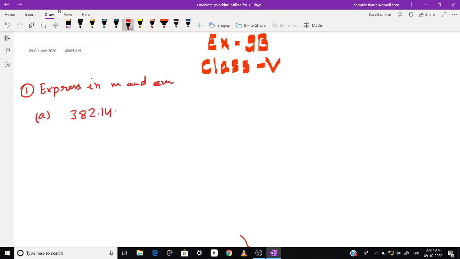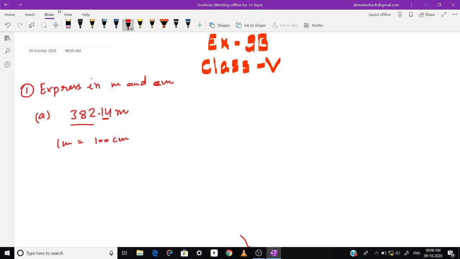382.14 meter. So what we actually have to do is convert this whole meter into meter and centimeter. This is very easy. If you look at this closely, you can find this decimal. The number before the decimal is meter, and the number after the decimal is centimeter. But I'm just telling you how to do this. First of all, we'll write that 1 meter is equal to 100 centimeter.